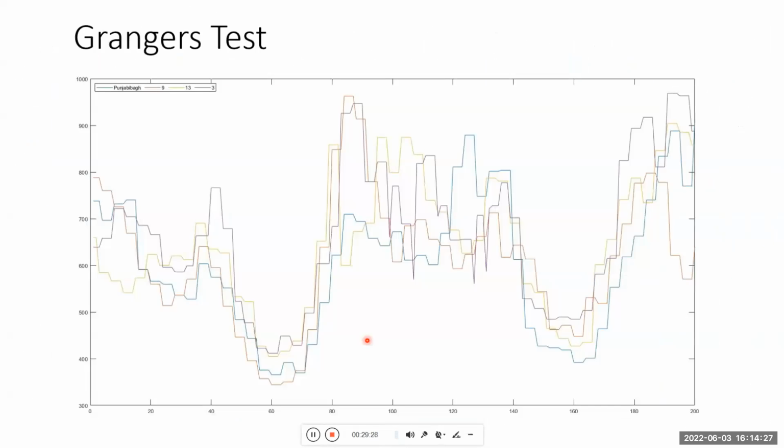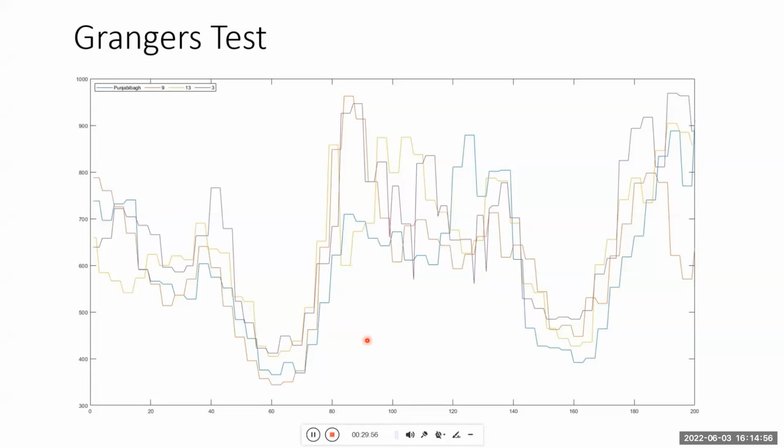Another test we went with is the Granger test, which shows the causality: how the dispersion mechanism, or the spatial contribution of pollutants at a certain station, affects the neighboring stations near it. So the 34 stations with geolocation, which I have shown you in the earlier slides, are affected.